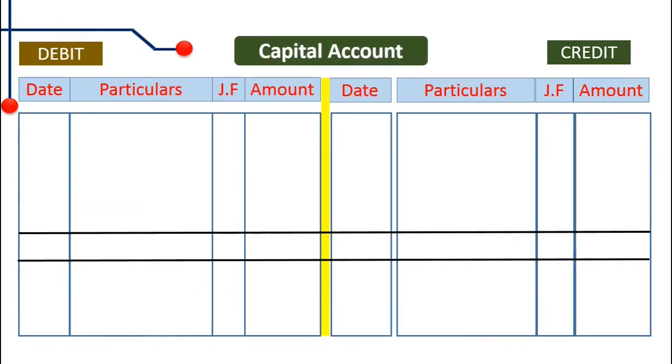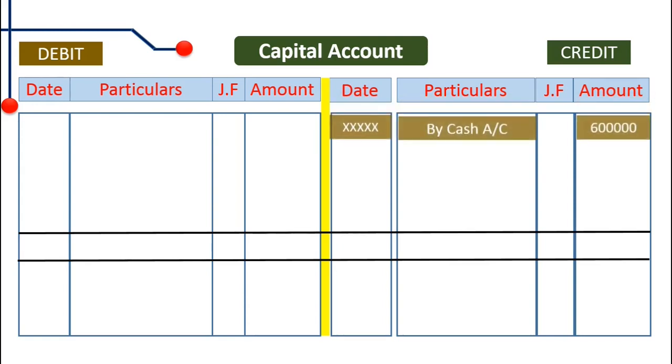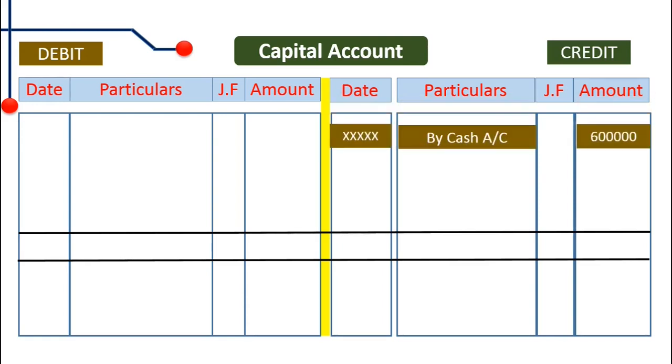The journal for capital is cash account debit to capital account. The capital account is credited in the journal. So we will write on the credit side of the capital account or ledger as by cash account. Since there are no other entries concerning capital, we can close capital account by first writing the total amount.